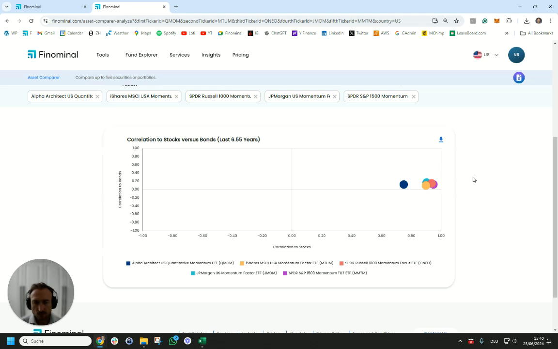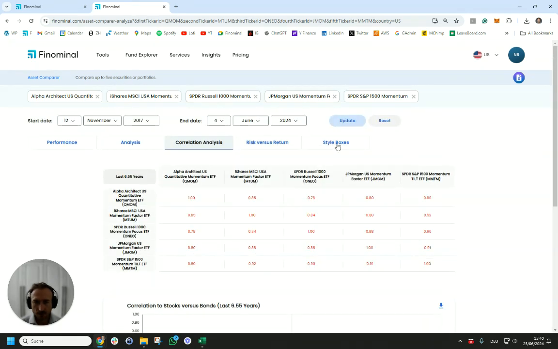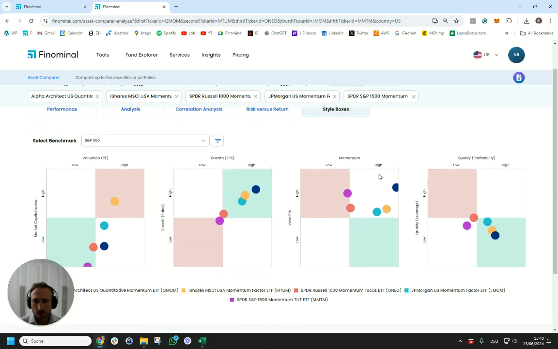And that is also reflected in the style exposures. So if you look at those 5 funds, and we have a variety of fundamental metrics, they're divergent on some, for example, growth and valuation. But the interesting aspect about QMOM is that the equal weighted and the concentrated portfolio provides you the highest momentum exposure, which is what you want if you buy that fund.